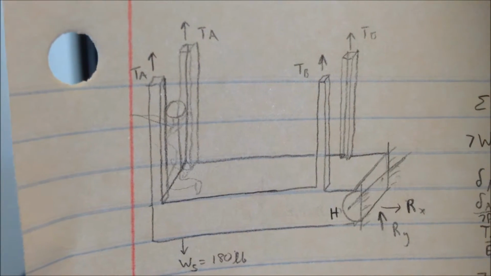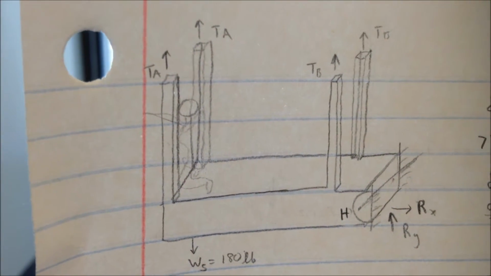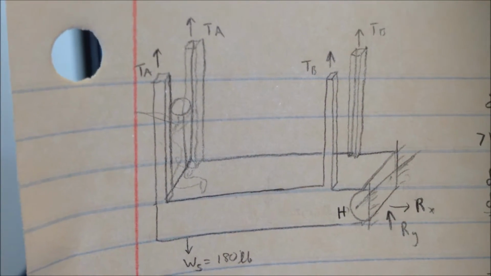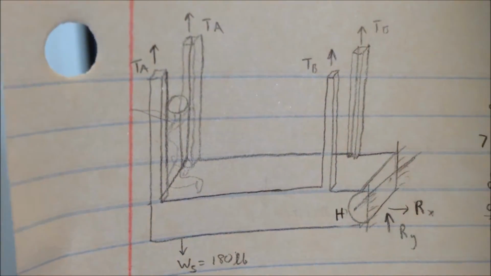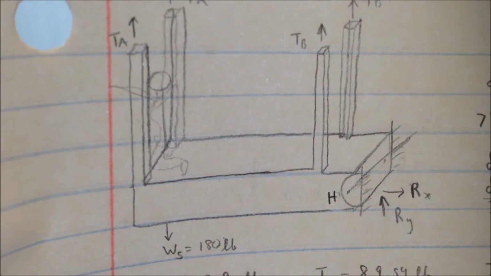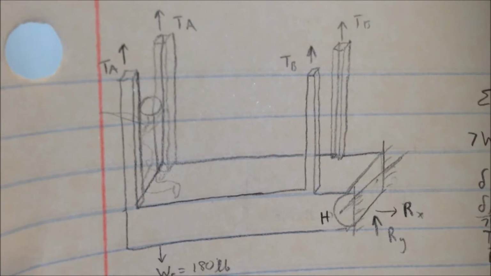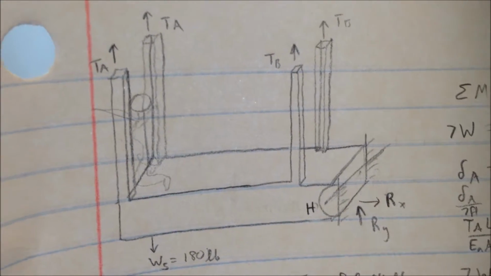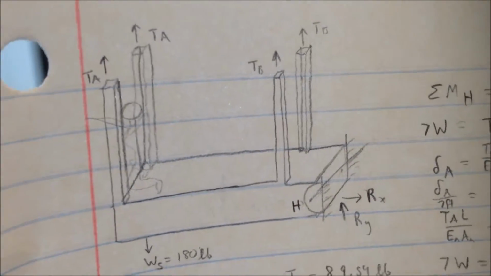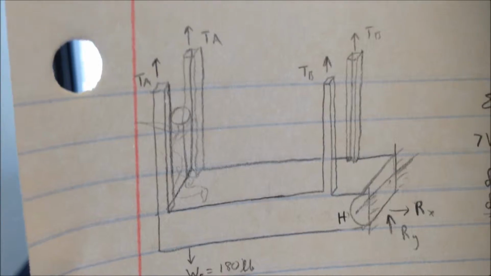So as you can see, this is a 3D rendering of our bed with 2 of the bars half a foot in front of the hinge, which is H, and the other 2 bars 7 feet from the hinge, which is TA, and then as well the sniper, which is also 7 feet away from the hinge.